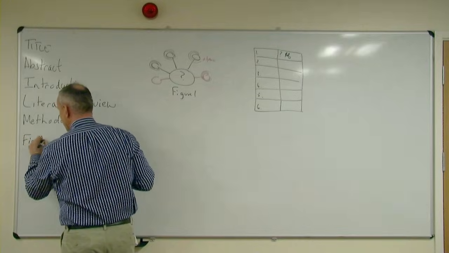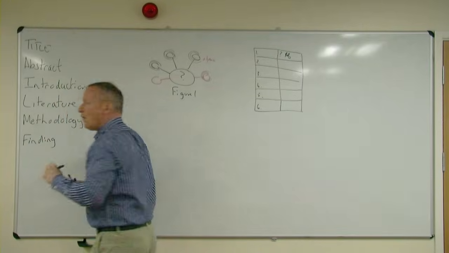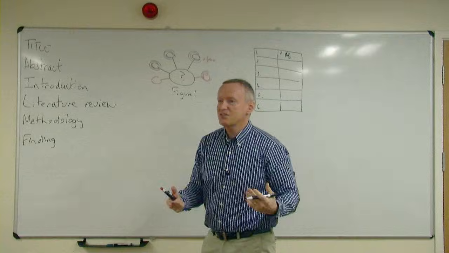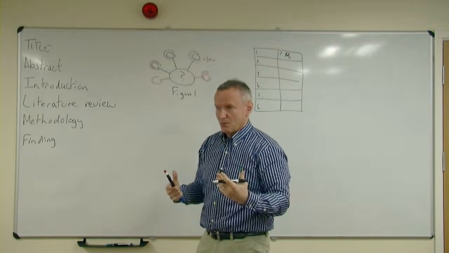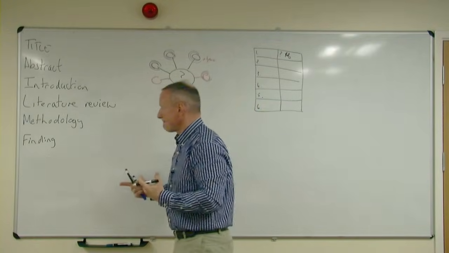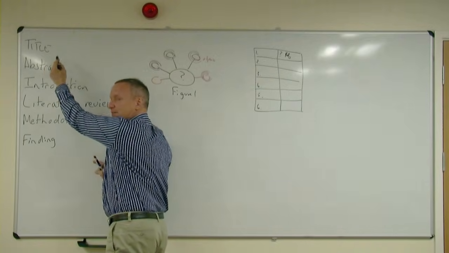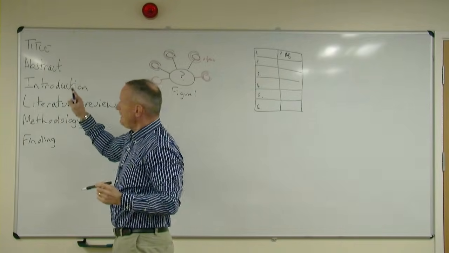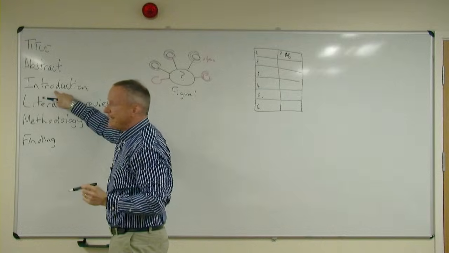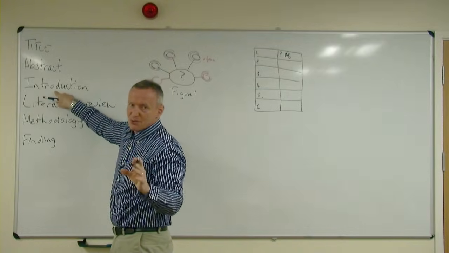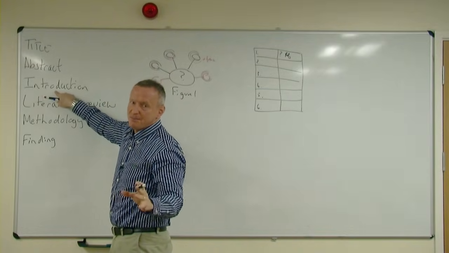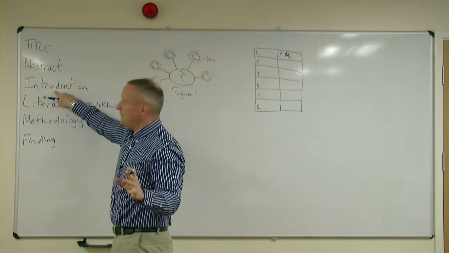Findings. Or data analysis, or discussion, or a combination of all three. But your title is relevant to employability. You've got your introduction, concise, which has identified your aims and your objectives.